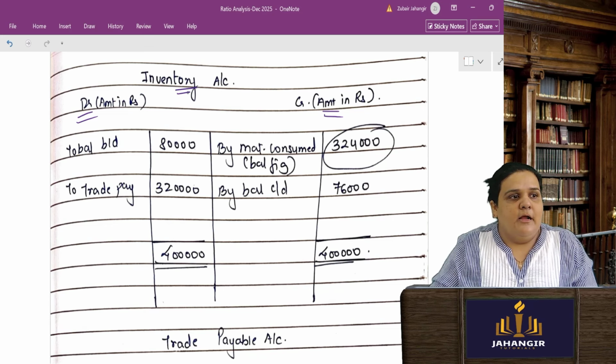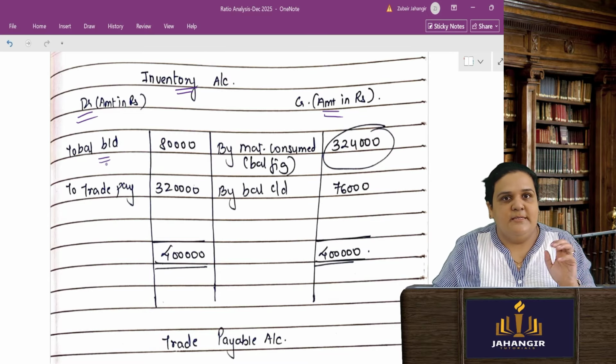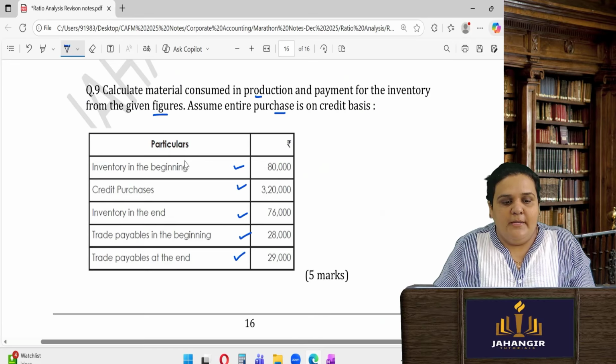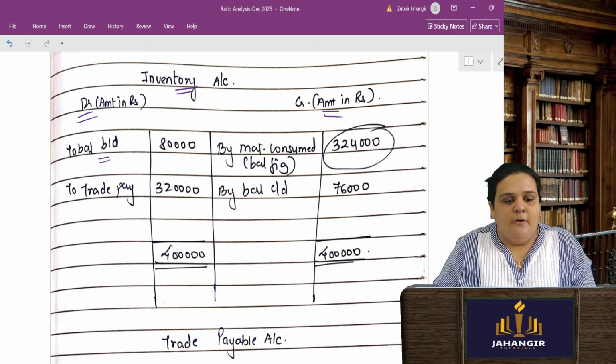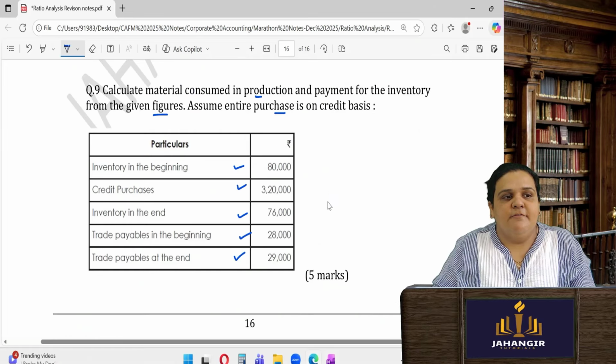For inventory account, inventory is an asset. So I will start with the debit side, to balance brought down. Opening 3000, opening balance. And I will close it on the credit side. Closing balance they have given me 76,000.